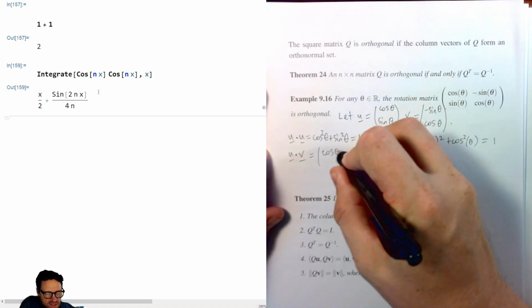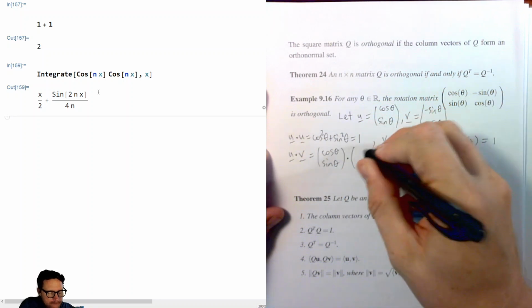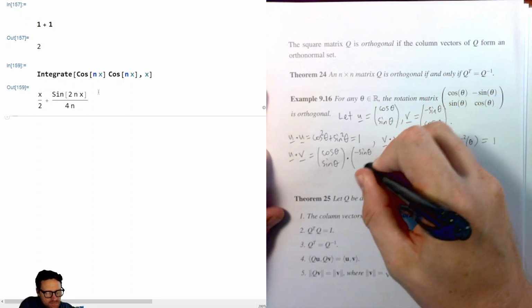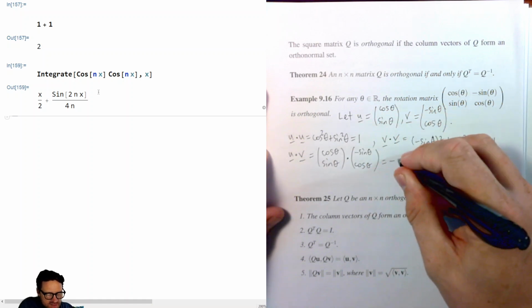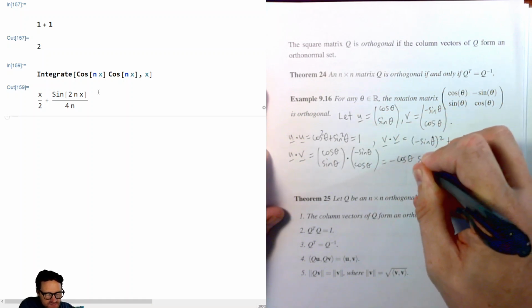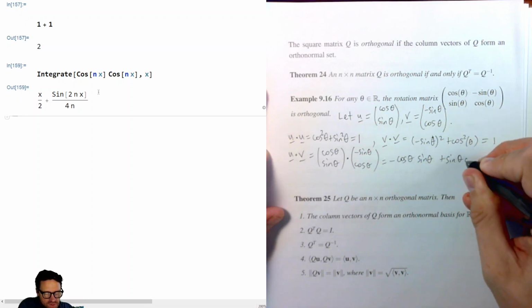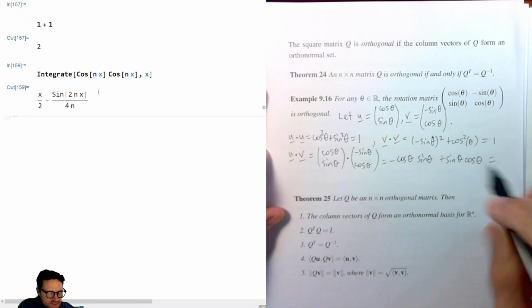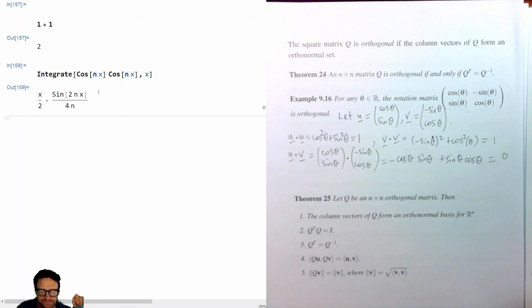Okay, now let's take U dot V. So cos theta, sine theta dot minus sine theta, cos theta. And so we have minus cos theta sine theta plus sine theta cos theta. And so these are opposites, and so that adds up to 0.